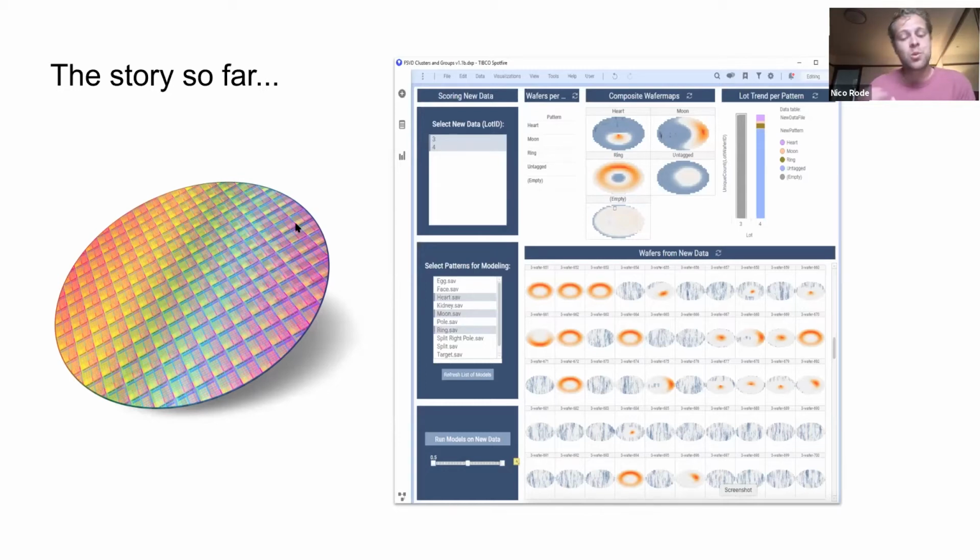Right. And so when we thought about where to start, really we put ourselves in the shoes of a process engineer, somebody on the fab floor who's looking at these wafers as they come in. And what we wanted to do was give them a very simple way of finding similar wafers, right? So if they know that a pattern on a wafer is problematic, basically just press a button in Spotfire and get a list of all of the wafers in the database that look like that pattern.